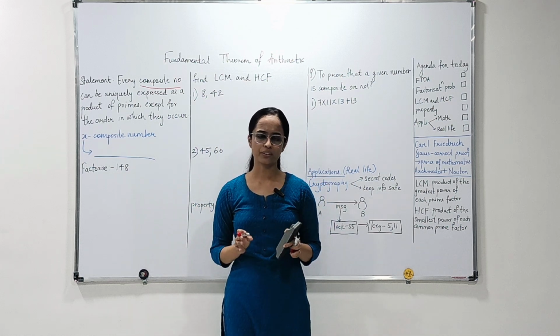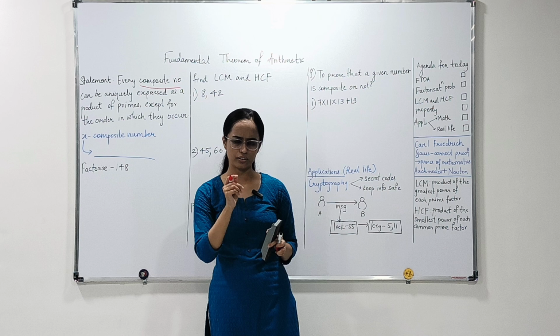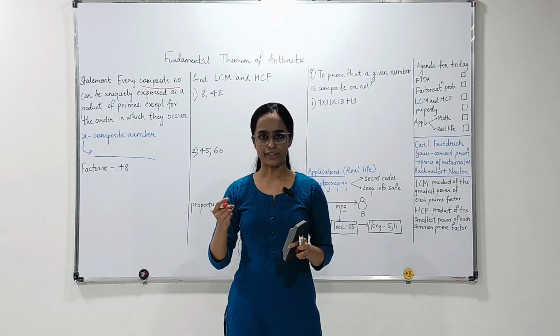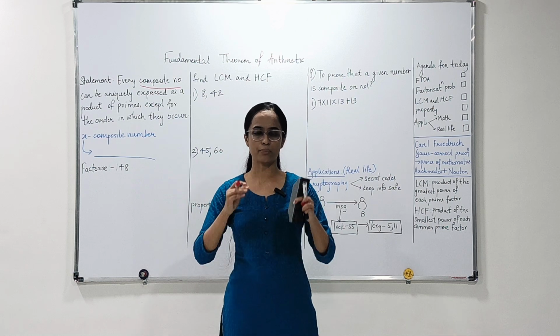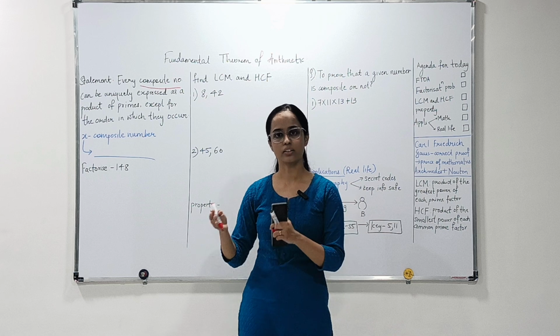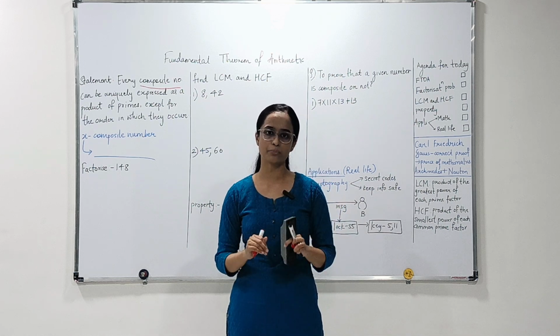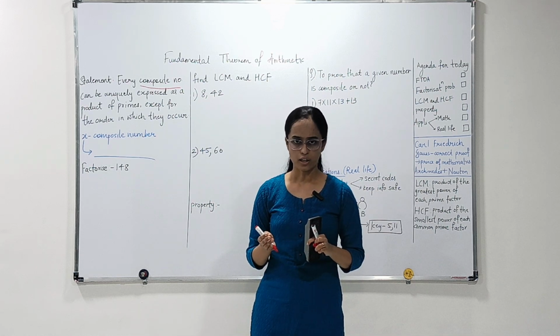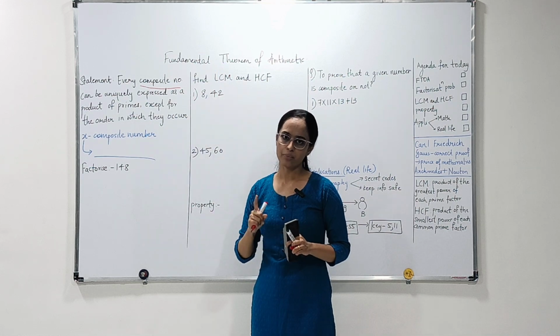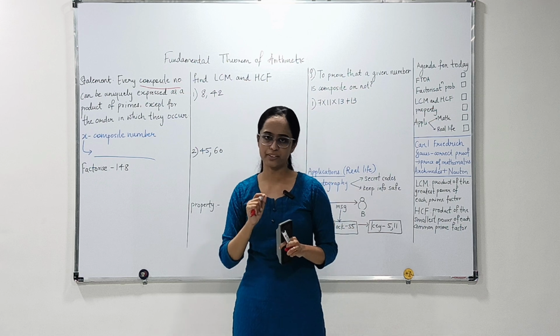I hope you all know what a composite number is. Just a quick revision: any number which has factors apart from the number itself and 1 is called a composite number, whereas a number whose factors are just the number itself and 1 is called a prime number. So this theorem particularly deals with composite numbers and their representation.